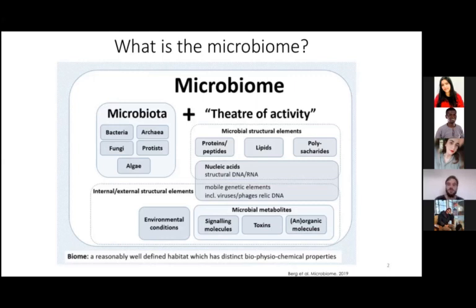This also includes other external or internal structural elements, such as environmental conditions like specific pHs and salinity, together with different microbial metabolites, like signaling molecules, toxins, as well as other organic and inorganic molecules. So all of this together is generally what we talk about when we talk about the microbiome.